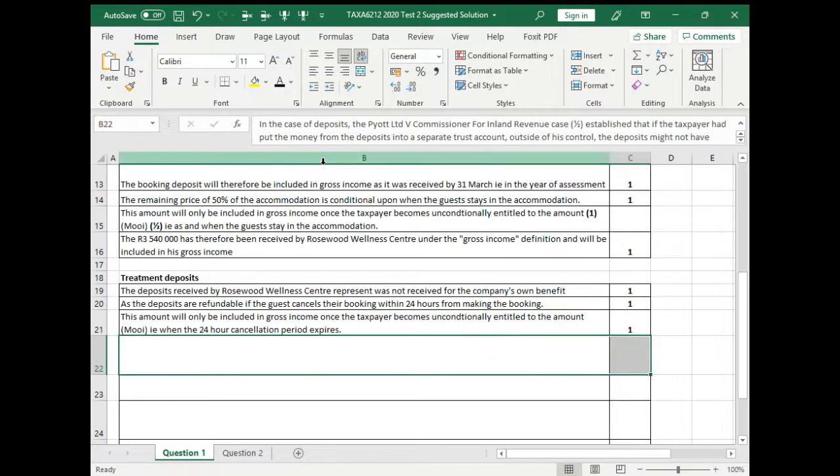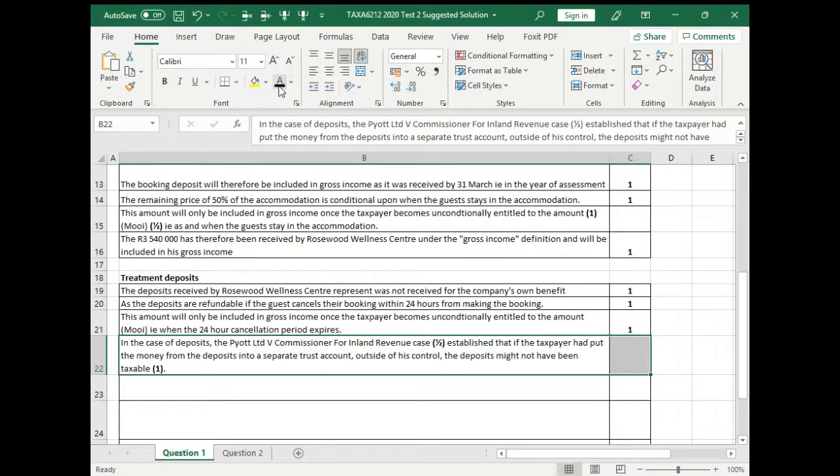However, the Pyatt case says, specifically relating to deposits, that if a taxpayer has put the money from deposits in a separate trust account outside their control, the deposits might not be taxable. So even though we have to refund it, have they actually put it in a separate trust account? No, they haven't. They've done separate business accounts, but they haven't got a separate trust account.